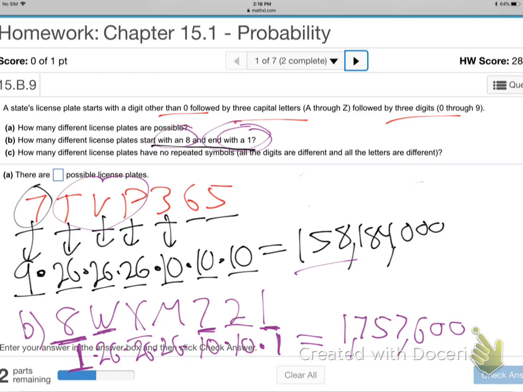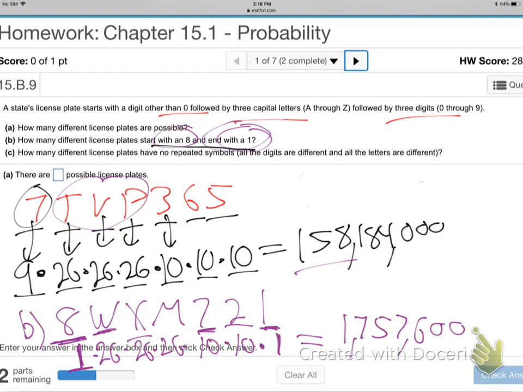Parts A and B. Try C. Try C. And actually do it. Really, really do it. Actually make one up that has no repeated symbols. All the digits and all the letters are different. Now, part C has nothing to do with part B. You don't have to go back to part B and go, oh, and I got to do the A. No. Part B's done. Part B's over. Part C has nothing to do with the 8 and the 1.